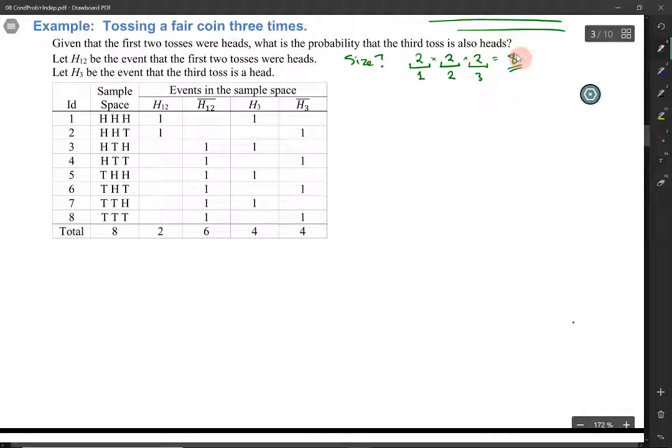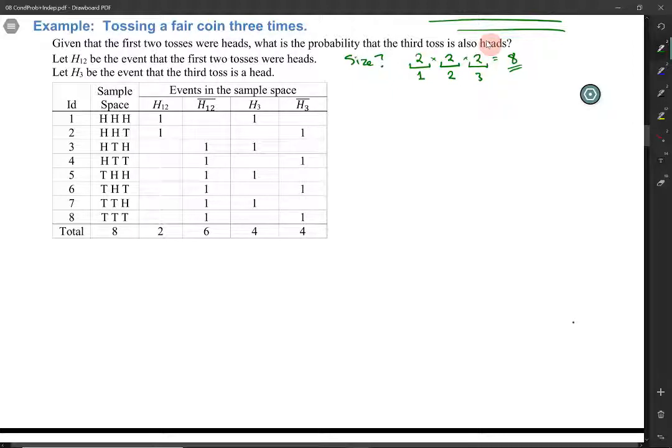Given that the first 2 tosses are heads, what is the probability that the third toss is also heads? What do you think? A lot of people will say it's 1/8.